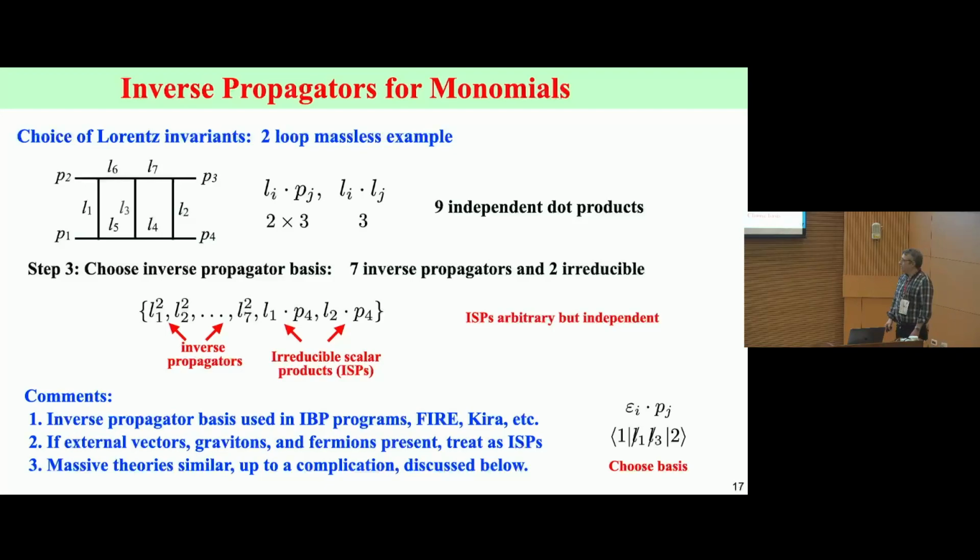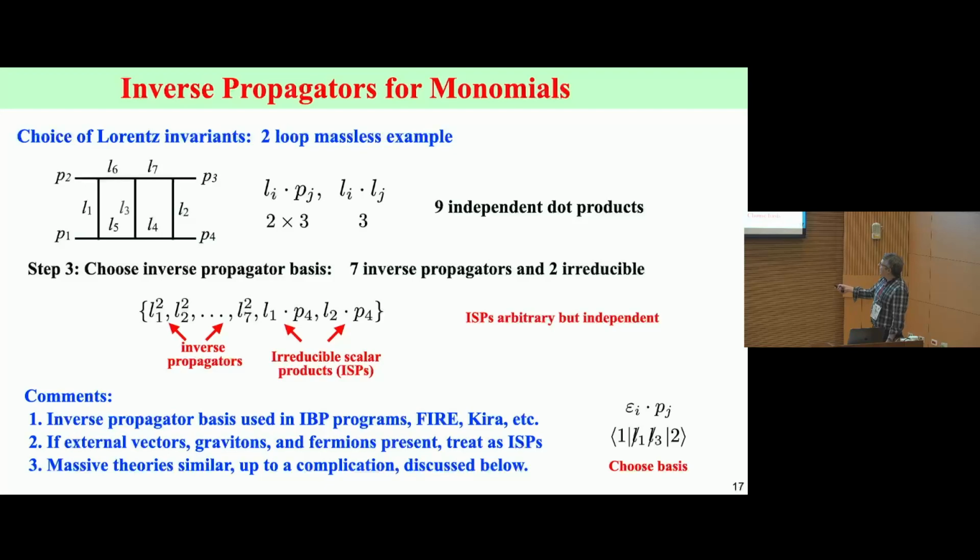Okay, so it's just a set of objects that define a basis for the numerator. And the reason why you need that is because we're going to cancel propagators and collect diagrams that belong together. That's the logic. And massive theories, it's very similar, up to one complication that I'm going to discuss below.